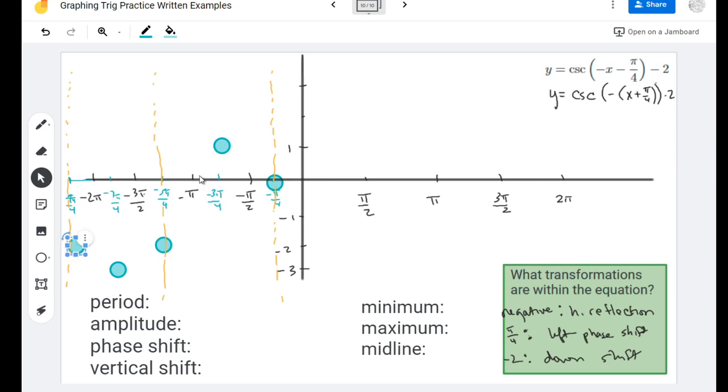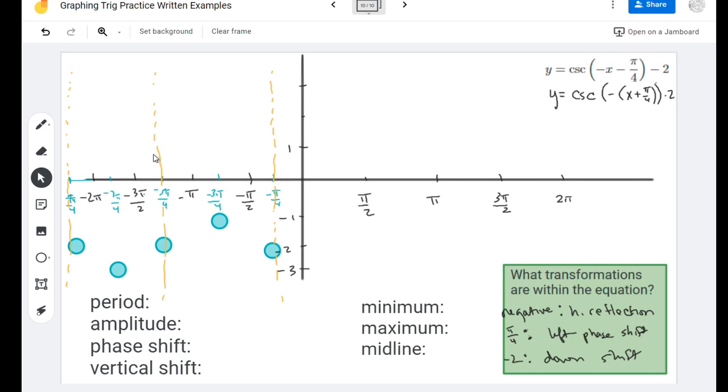Remember, our amplitude is 1. So that'll help you if you're getting funky shapes on your graph, right? Alright, so there is our graph.